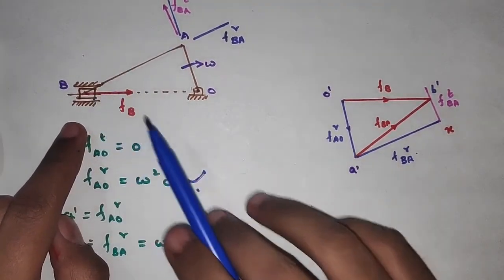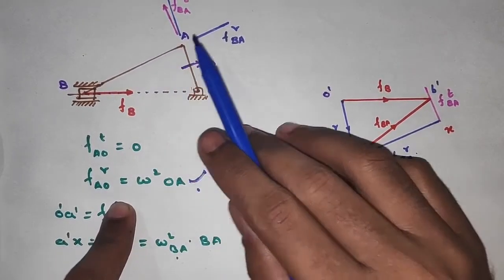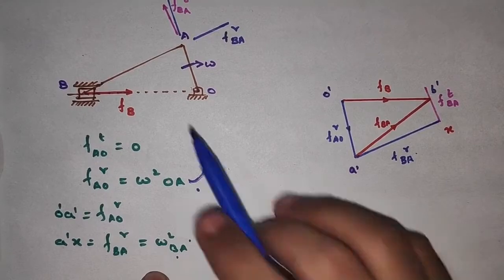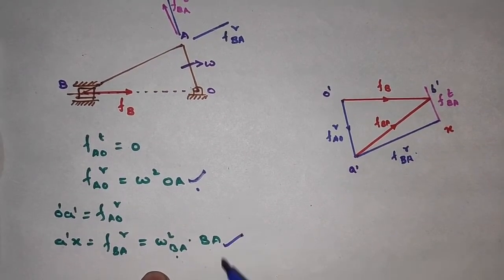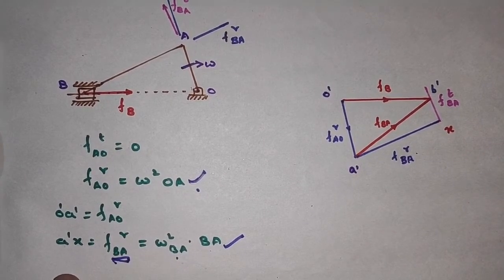Here we determine omega AB or omega BA. That same omega BA we use in this equation, that is omega square BA into the length AB of the connecting rod. When you substitute this, we get the magnitude of the radial component of the acceleration of the connecting rod AB.